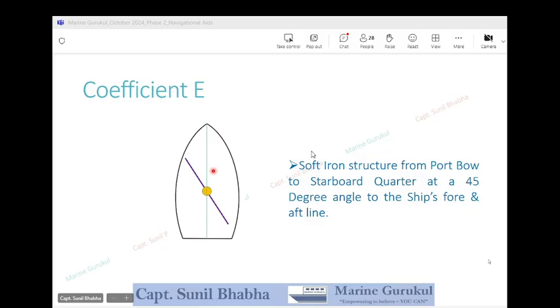The fore and aft longitudinals as well as the athwartship beams are generally the strength members of a normal merchant vessel. So we will not have a substantial soft iron structure at a 45-degree orientation. And this is exactly the reason why coefficient E is absent in a normal merchant vessel.